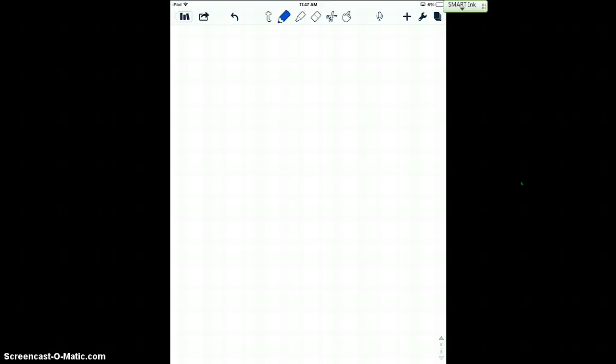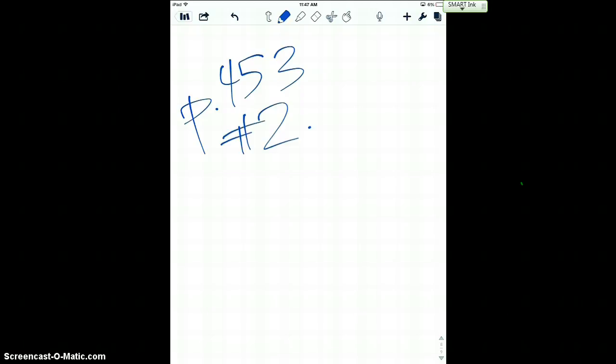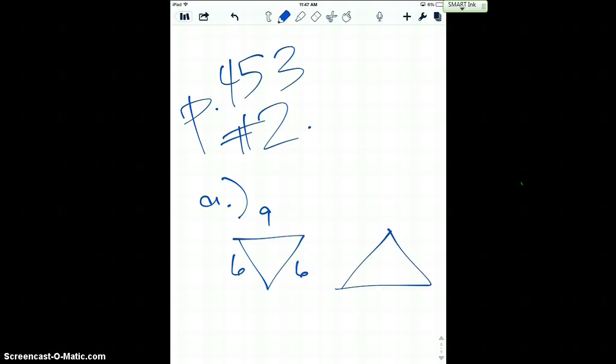Okay? All right, going onward to Got It problem number 2 on page, what are we on? 453. Again, pause the video, try it out. Got It problem number 2. See what you think. Because I'm starting in, looking at similarity again. Okay, in part A, I have 3 sides given and 3 sides given on the other one.